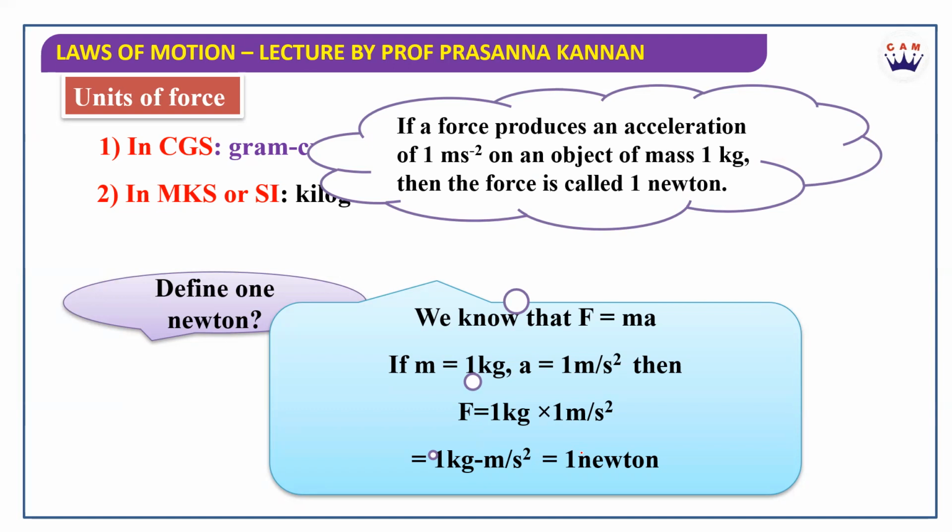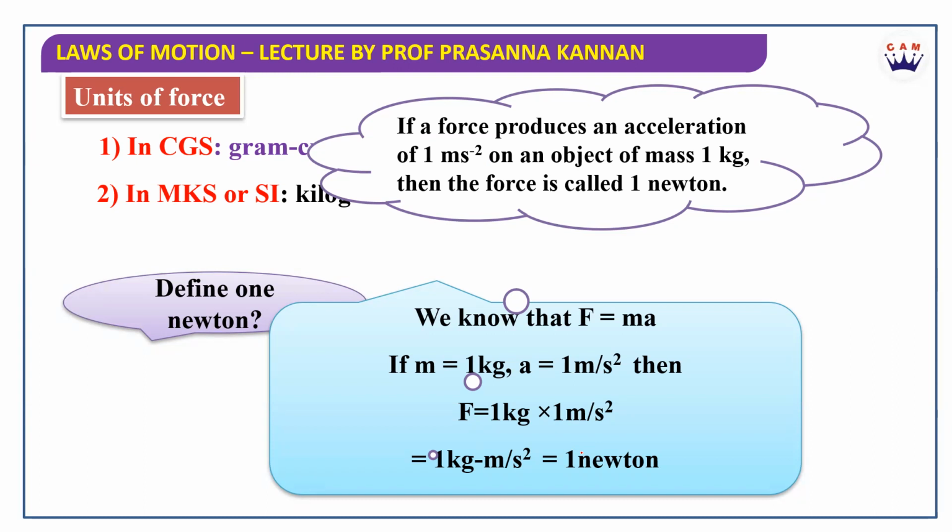F is equal to ma. If m is 1, a is 1, F is also 1. So a force which brings about an acceleration of 1 meter per second square on a 1 kg mass is called 1 Newton. It is a unit of force.